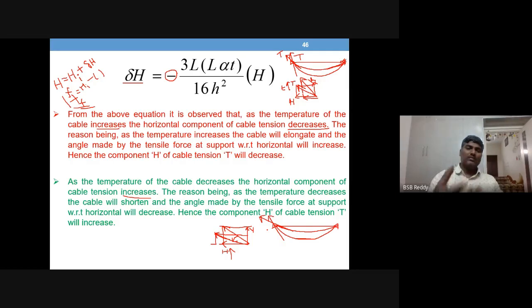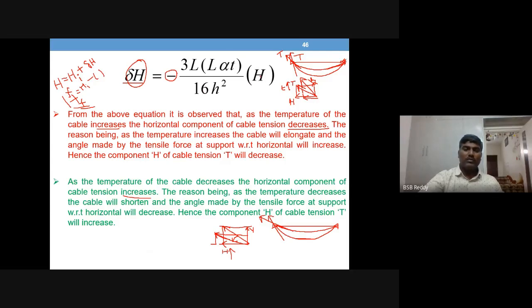And finally, after getting the formula, you should understand the behavior also. So why is it happening? The change in horizontal component of the cable tension can be found from this formula.